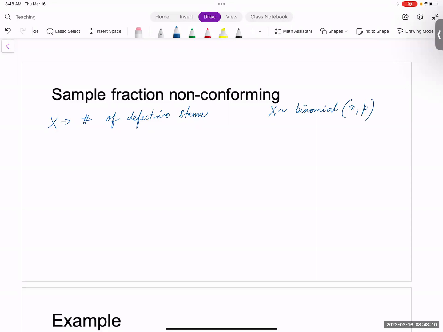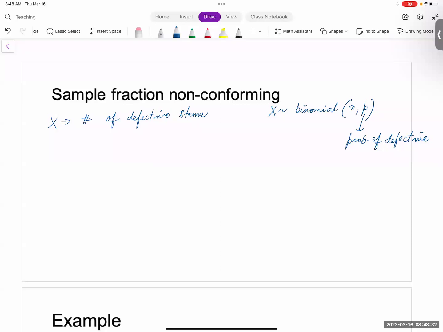Okay, so n is the total number of items in the sample. p is, in this case, the probability of defective, right? And so X represents the number of defective items.